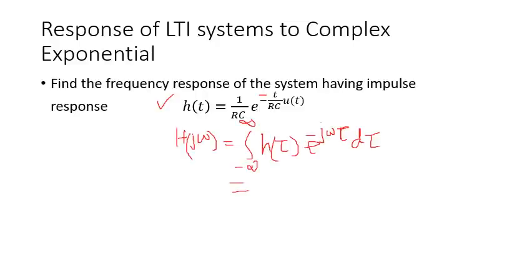Because here we are multiplying with u of t, the lower limit will change from minus infinity to 0, and we have 1 by rc, which is the scaling.